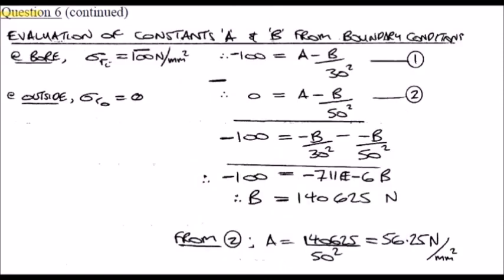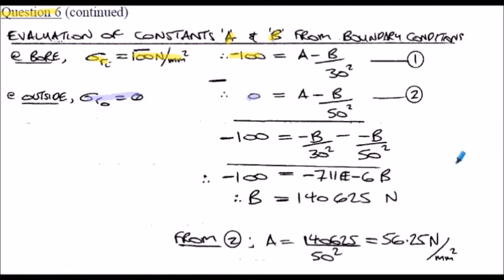Question 6, solution continued. So we need to calculate the constants A and B as always from the boundary conditions given. And the boundary conditions are that the radial stress at the inside surface is negative 100 newtons per millimeter squared, and the radial stress at the outside surface, we're assuming that to be 0 because no pressure is applied.